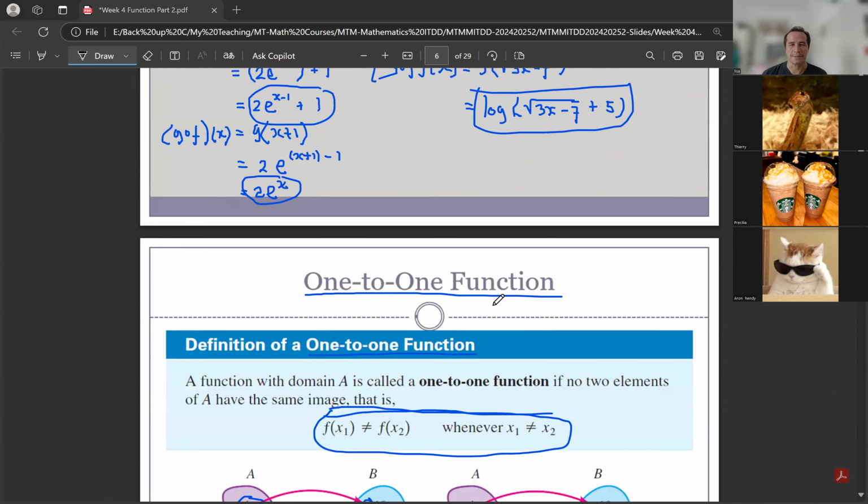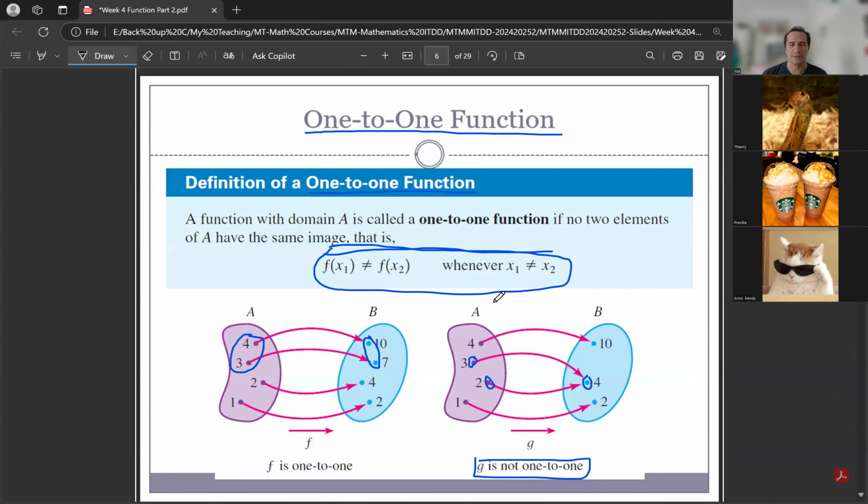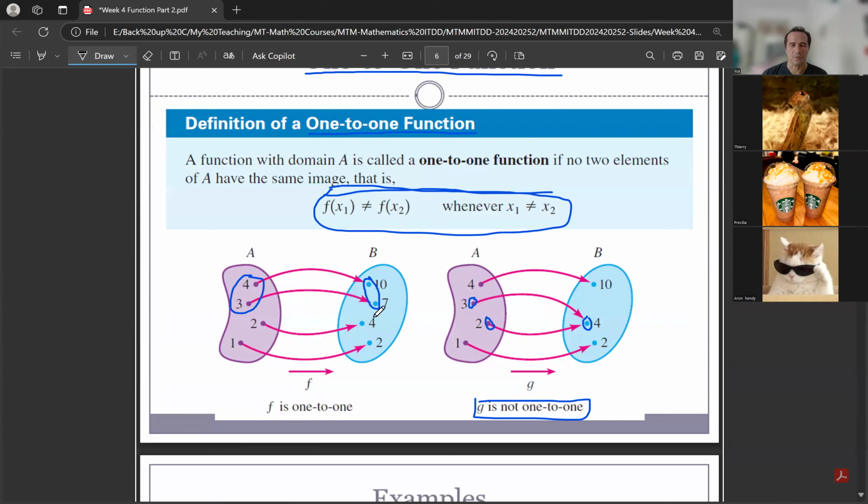And this is the concept of one-to-one function. The concept said that every different element in the range will come from a different element in the domain.